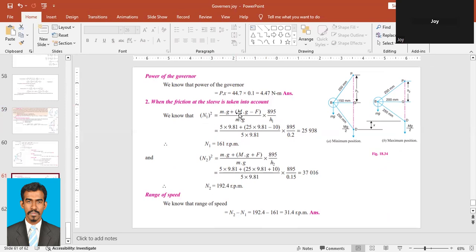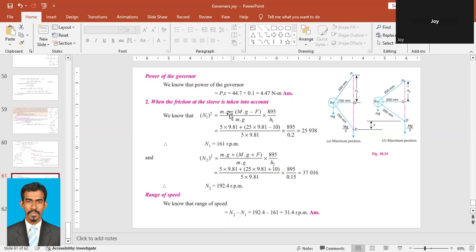So N1 squared is equal to (small mg plus capital Mg minus F) upon Mg into 895 upon H1. Why minus? Because now the sleeve is at its initial position, which means there is no upward movement, so in that case the friction will act upwards. We know all these terms, we just have to replace them.